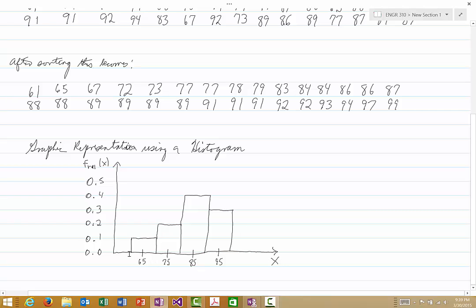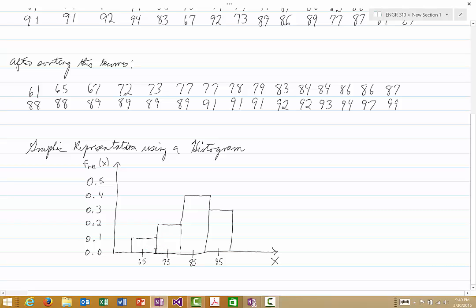You'll see that from 60 to 70 our relative frequency is 0.1. The reason for that is, as we've already said, we have 30 total values, and of those 30, 10%, which is 3, the first 3 values, fall between 60 and 70, and so that's why we have 0.1 for the relative frequency here, centered about 65.